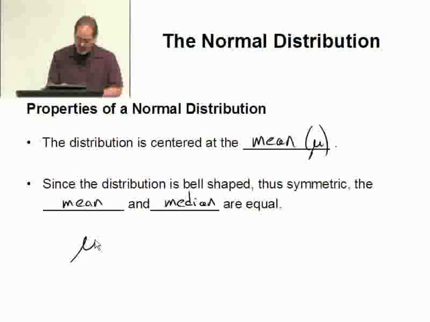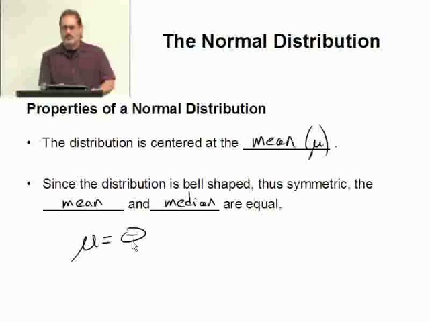This is saying that mu equals theta. Guys, this is a theta. It's not a 0 with a line through it. It's theta. You recall that from the population parameter, the symbol we use for the true median.